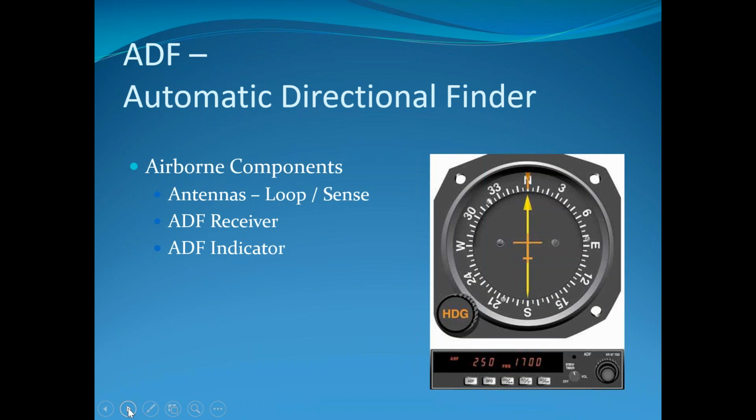Like I was telling you the last class, it just basically points to where the signal is coming from, and then you follow that in the airplane, like you navigate towards it and kind of follow the needle. It has an antenna. You have the receiver and the indicator, so pretty basic. Don't really need to know much more than that, but that's what an ADF is. It's an automatic directional finder, and it picks up NDB signals.